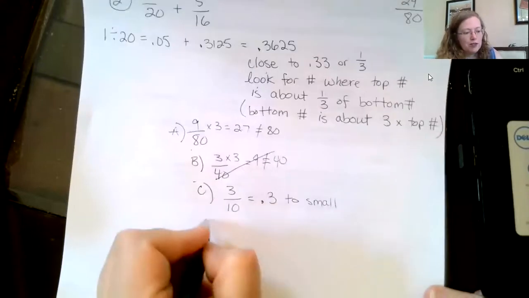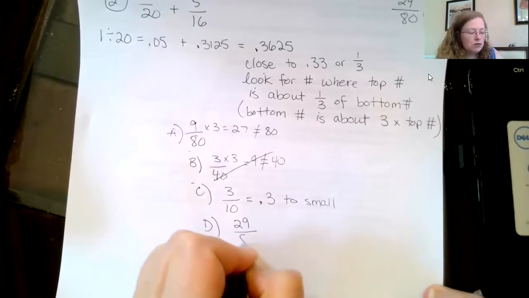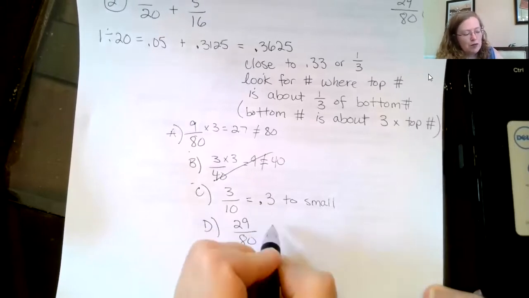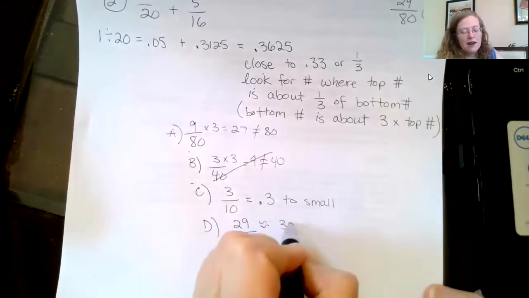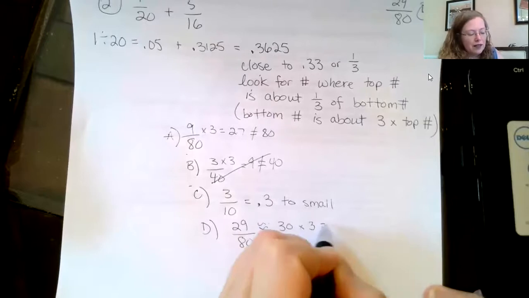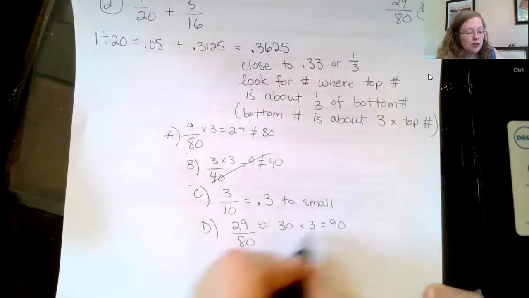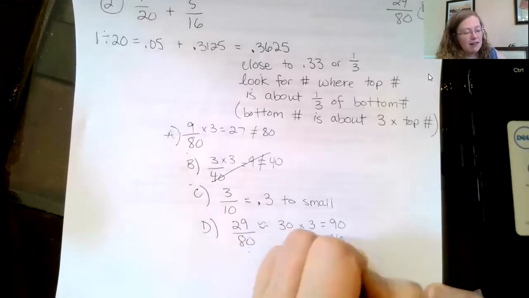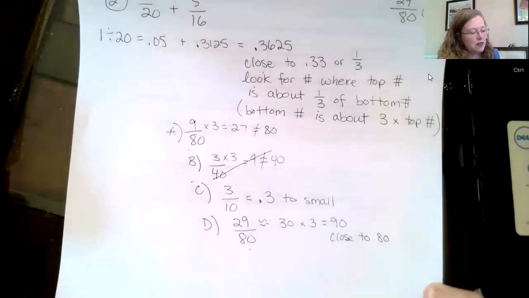Let's confirm, letter D, 29 divided by 80. Well, 29, that's approximately 30 times 3 is 90. So 90, we're getting close. We're close to 80. So even if I hadn't eliminated the other ones, I still probably would check this one out.